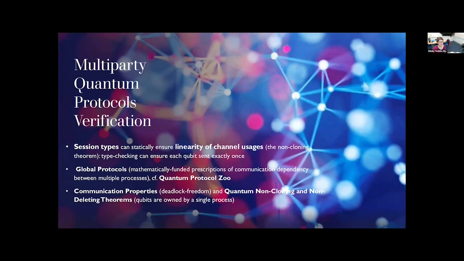For example, currently quantum protocols use a lot of libraries and a lot of specifications, but these are very difficult to write down.